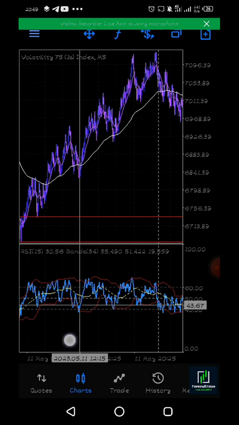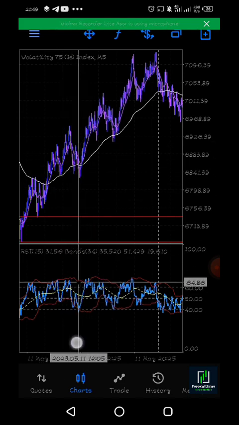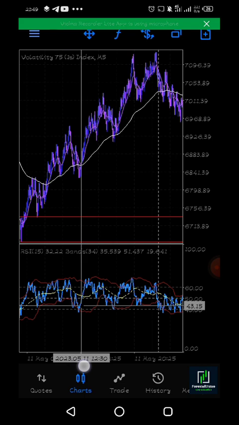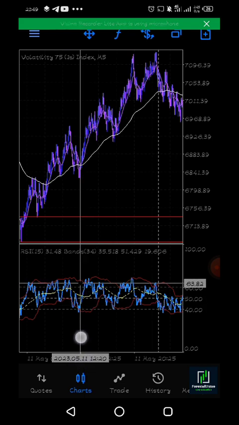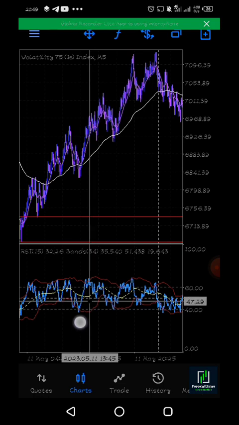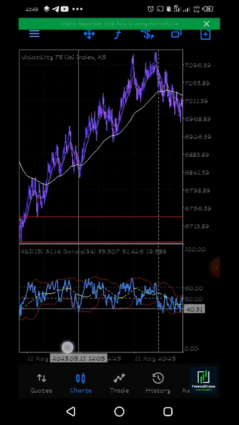Now, what happens when the market pulls back to this bigger moving average? It shows oversold on the Bollinger Band, whereby it touches the Bollinger Band. So anytime the market touches the Bollinger Band, it shows oversold. And if you want to trail this trade, what you need to do is, you are going on an upside.